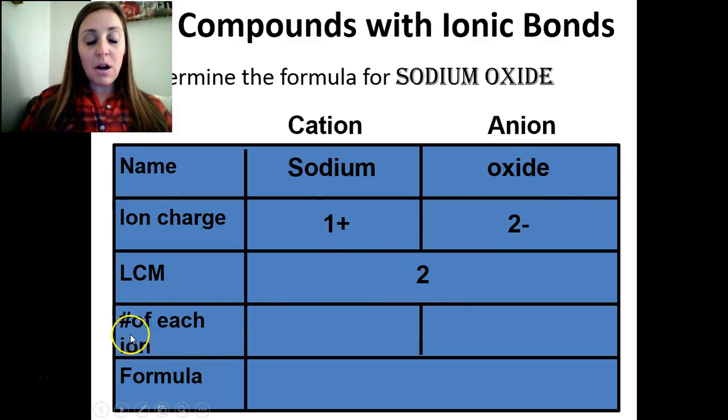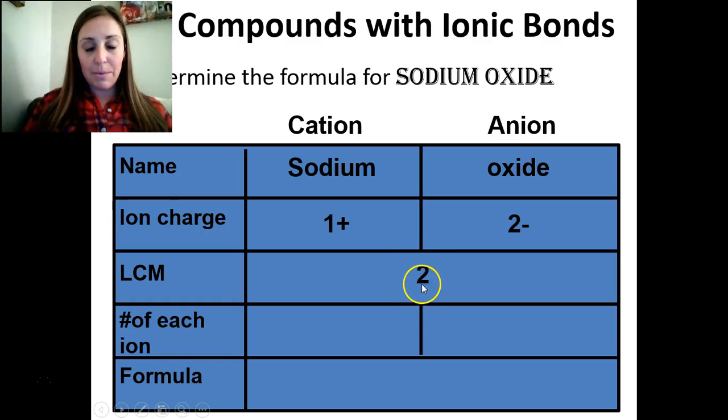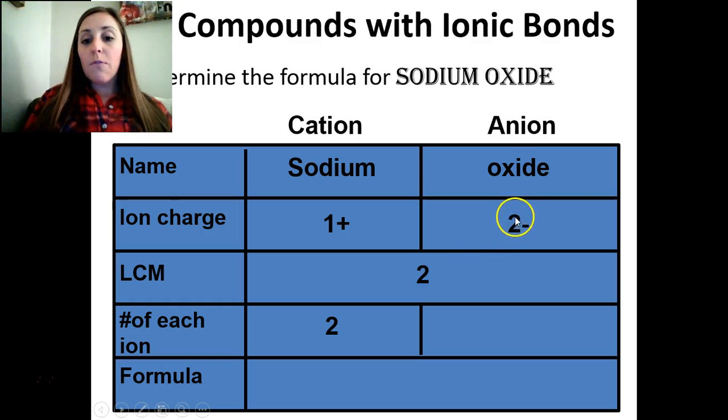So now, number of each to make your ion. I need a 2 charge from each one. How many sodiums do I need to have a 2 plus charge? I need 2 of them. Notice 1 times 2 gives me 2. For this, how many oxygens do I need to have a 2 charge?